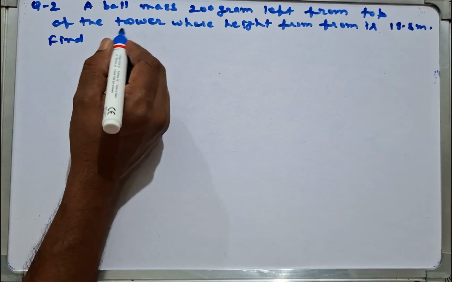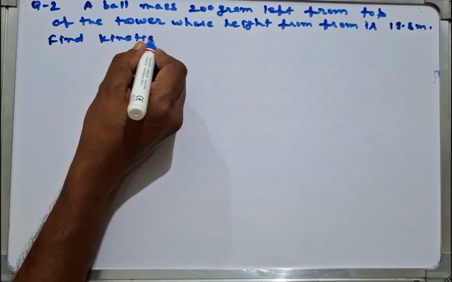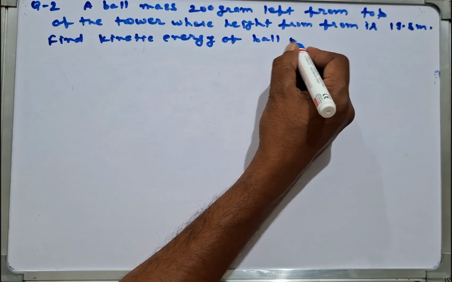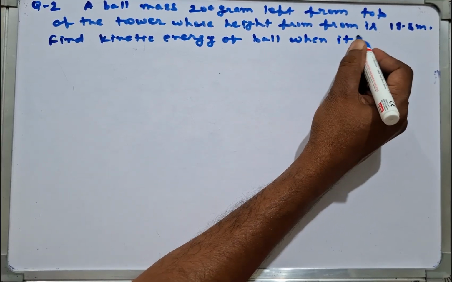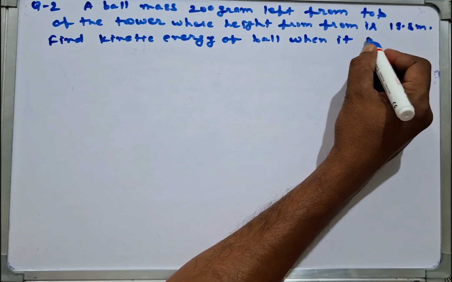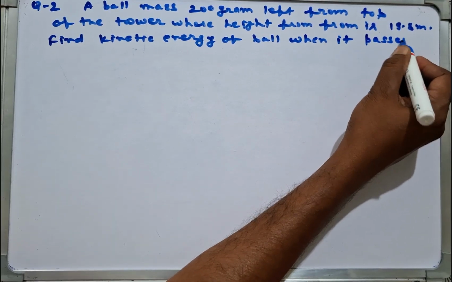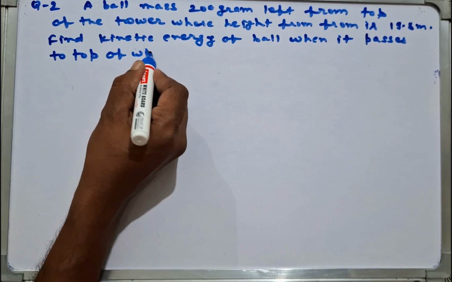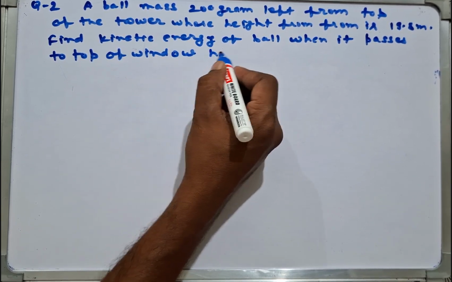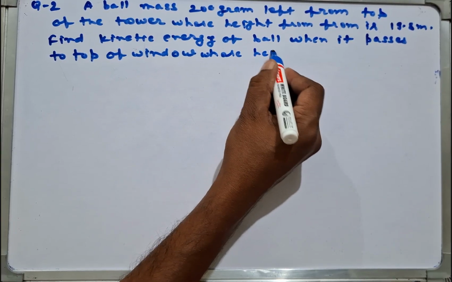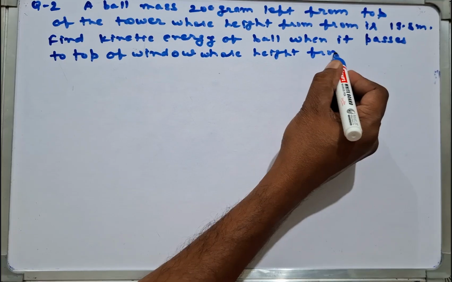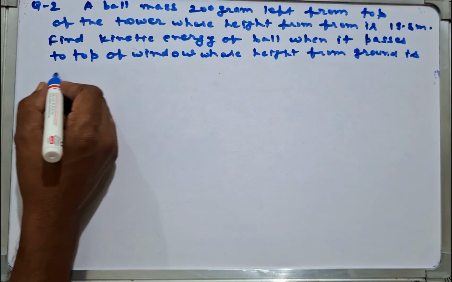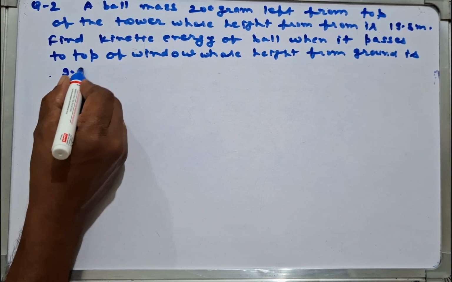Find the kinetic energy of the ball when it passes the top of a window whose height from the ground is 9.8 meter.